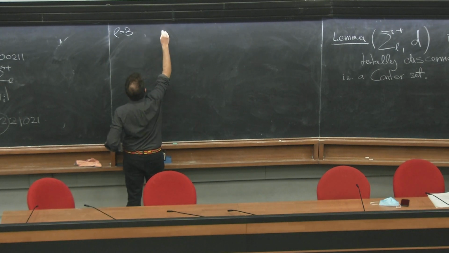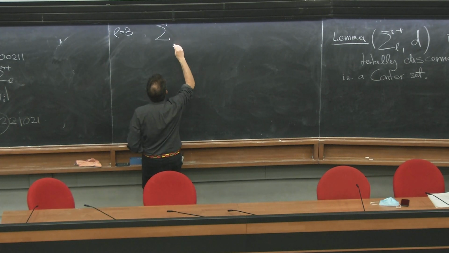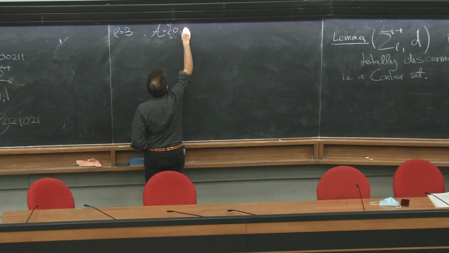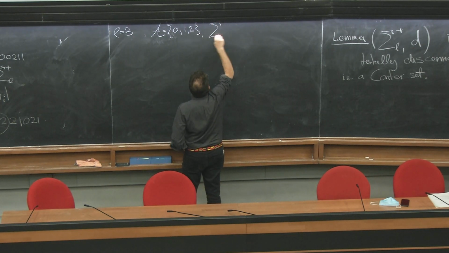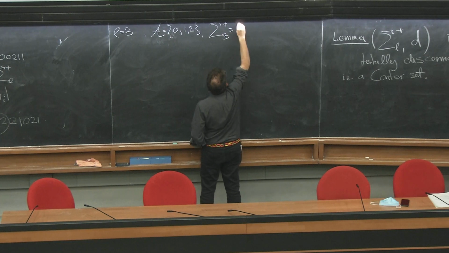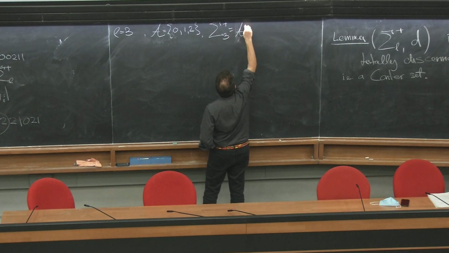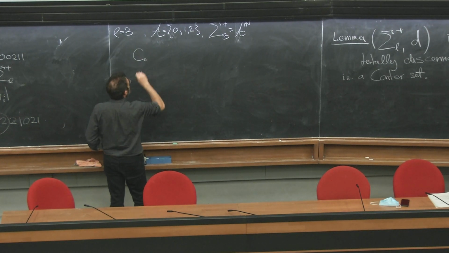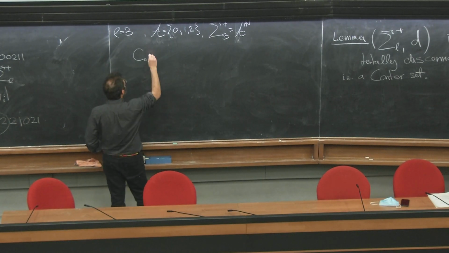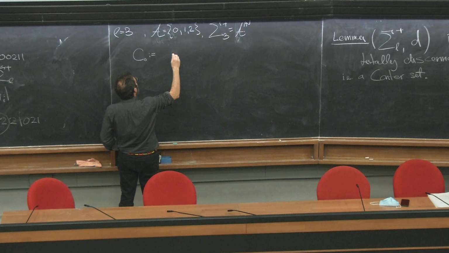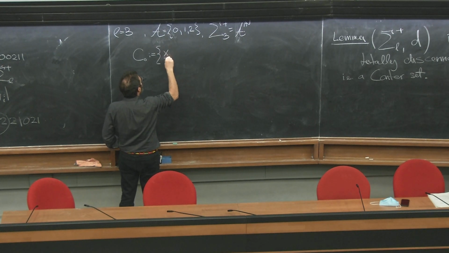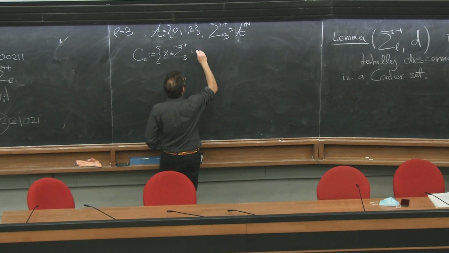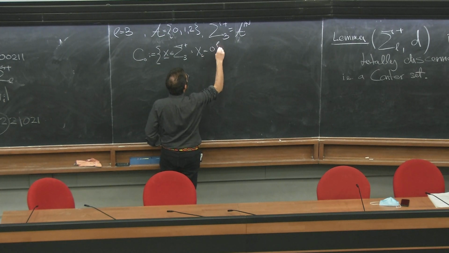And let me define, so we have the set A, I've already chosen that actually. And then we have sigma A plus is equal to A to the n. And then let us define C0 is equal to the set of sequences in sigma 3 plus such that x1 equals 0.